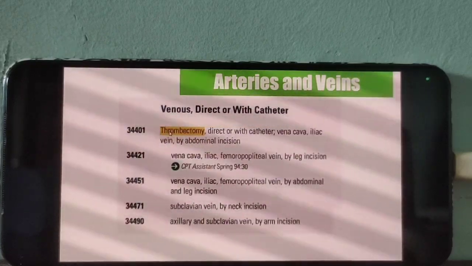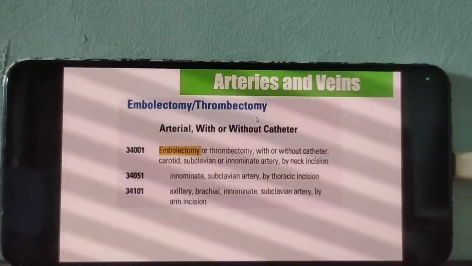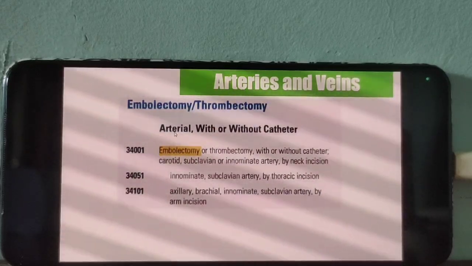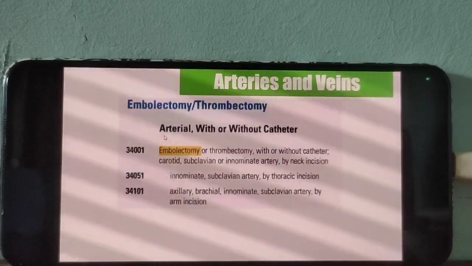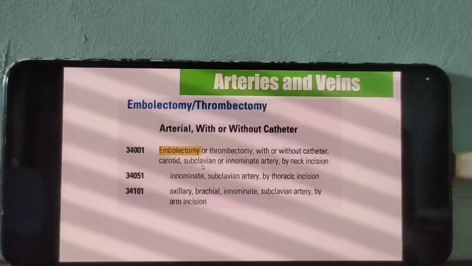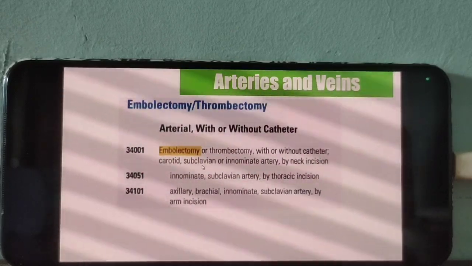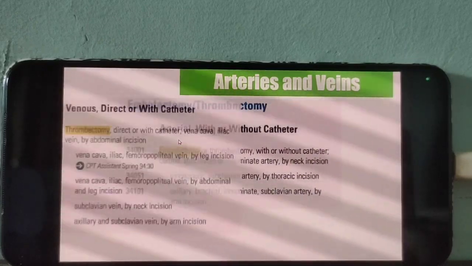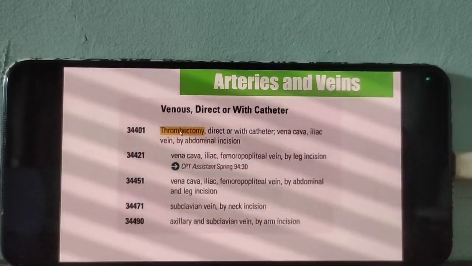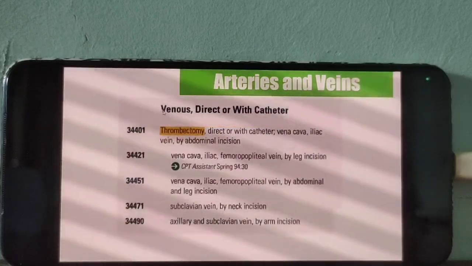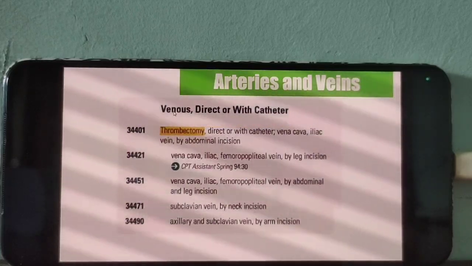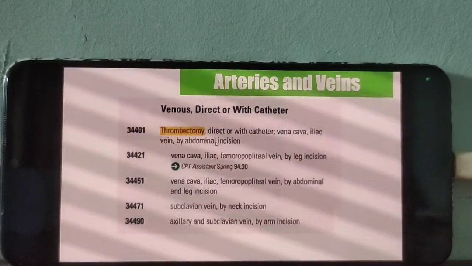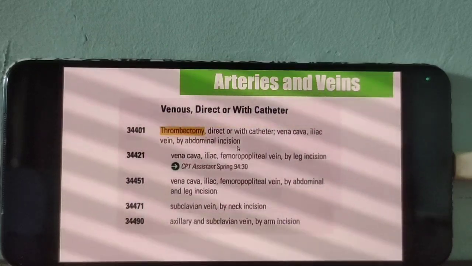Then embolectomy, removal of embolism. In that previous book, the procedures are performed at the arteries. Here thrombectomy means the procedures are performed at the vein, venous. For venous thrombectomy, same like that, incision is the key term.